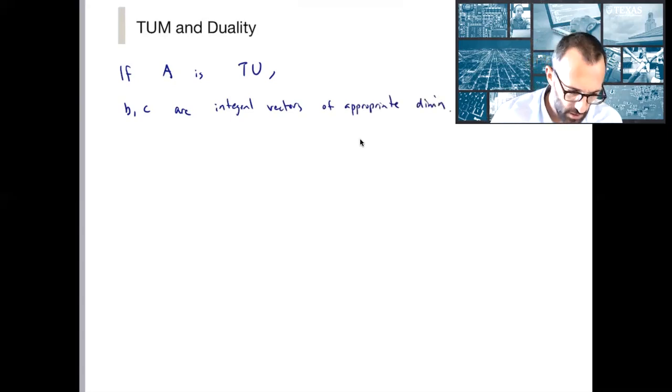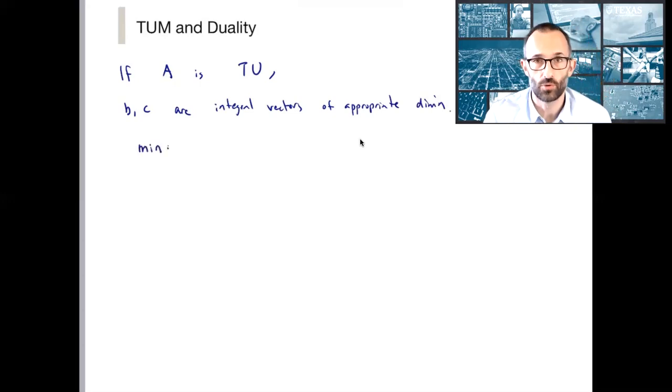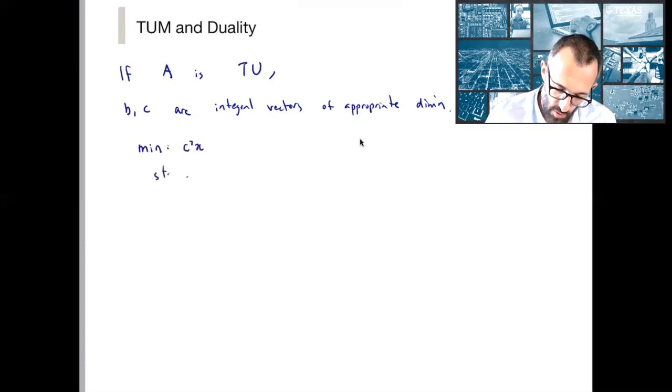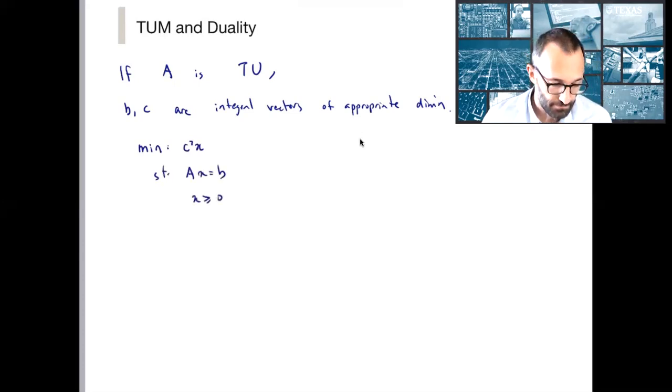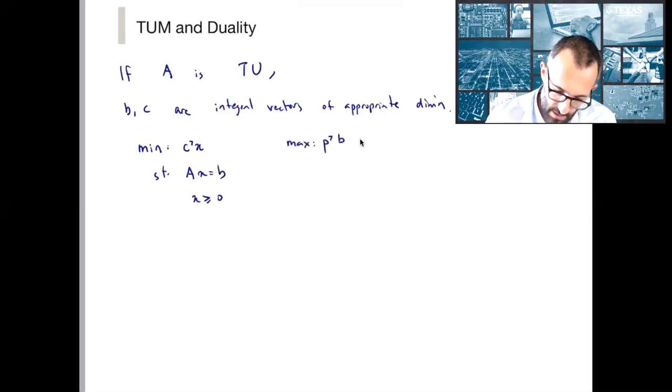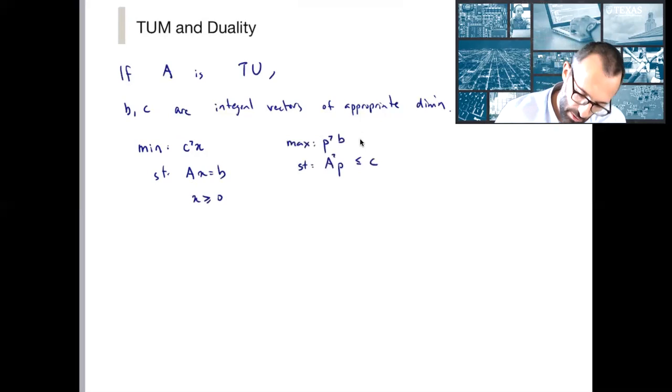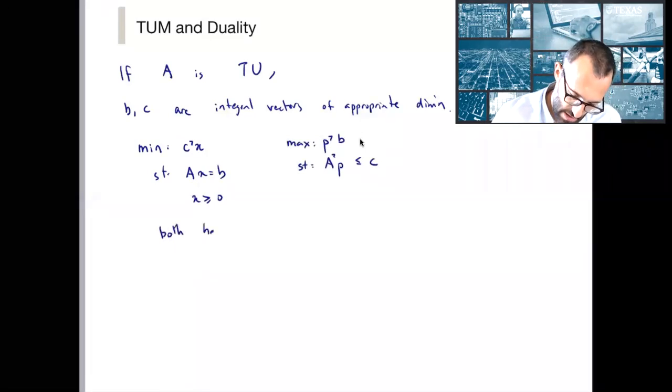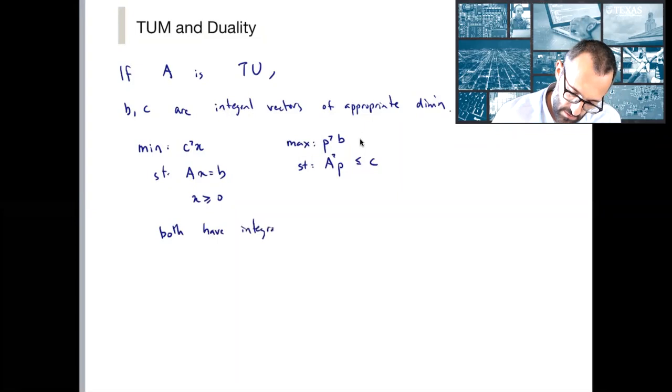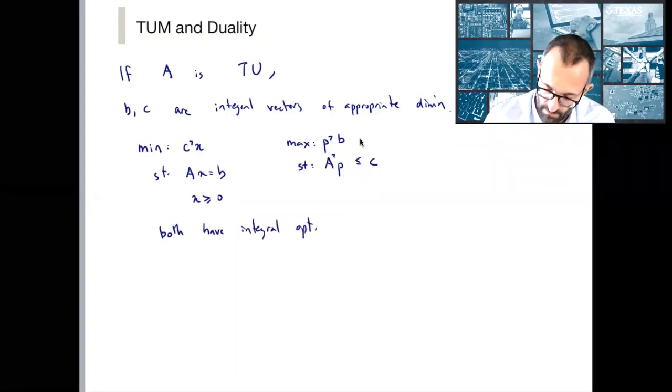Then, if we look at the two optimization problems, which are linear optimization duals of each other, minimize c transpose x subject to Ax equals b, x non-negative, and max p transpose b subject to A transpose p less than or equal to c, both have integral optimal solutions.